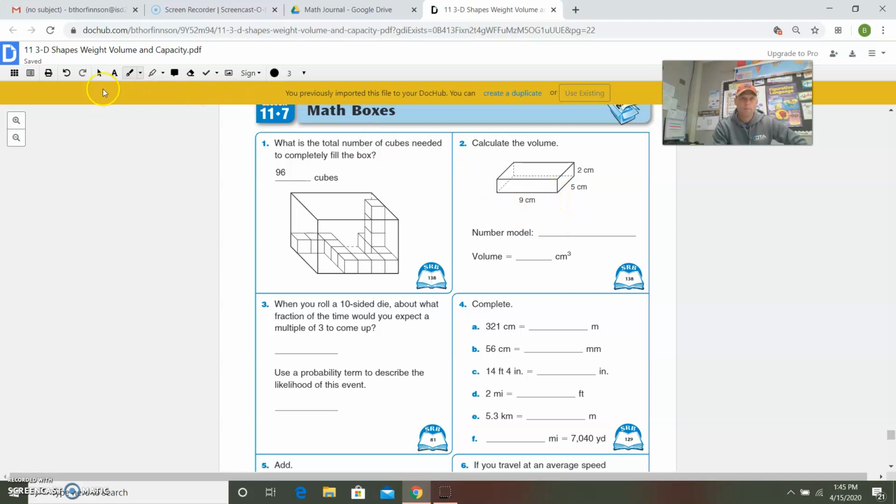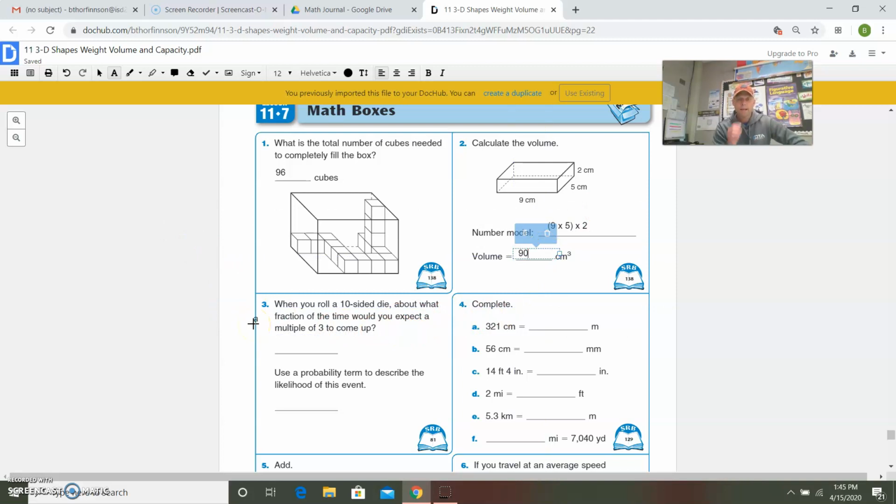When we set this up as a number model, we would go 9 times 5, and then we multiply that times the height, which is 2. 9 and 5 is 45, times 2 will give you 90, and that's centimeters cubed.